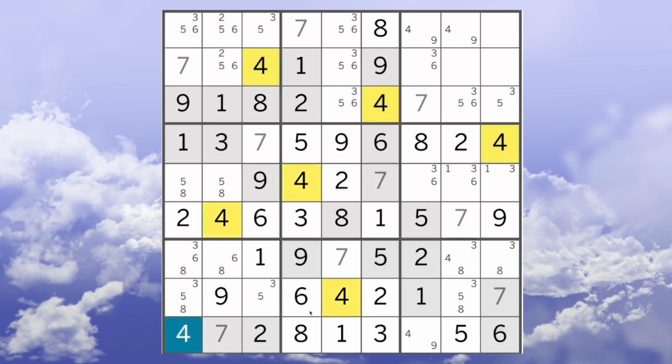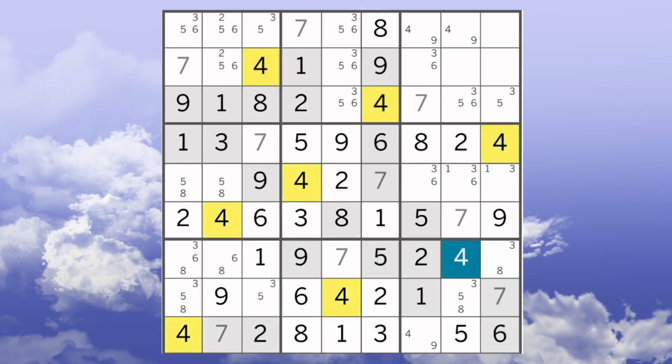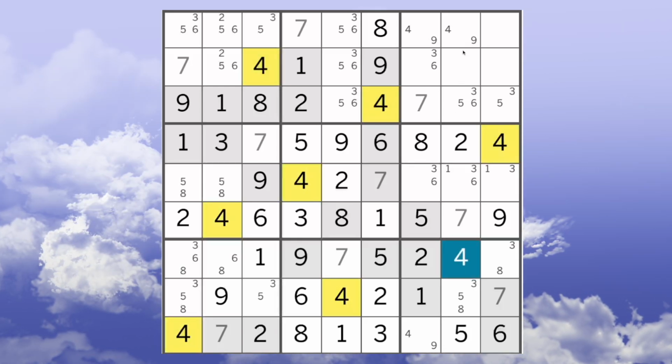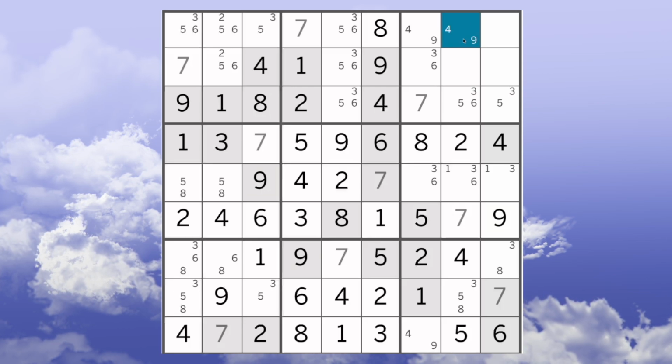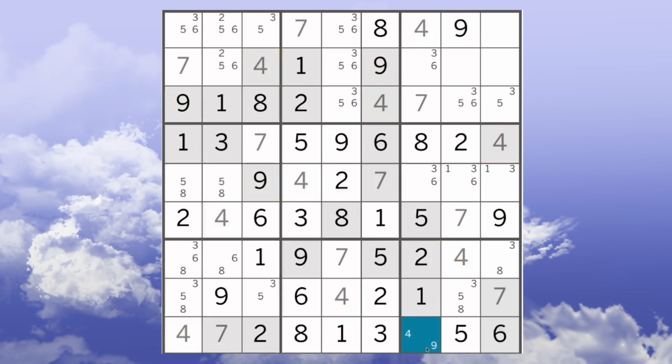And then these 3 make that a 4. Means that one has to be the 9, and that one a 4, and that one a 9.